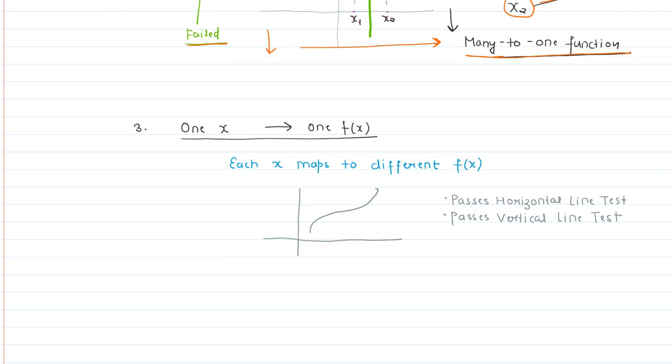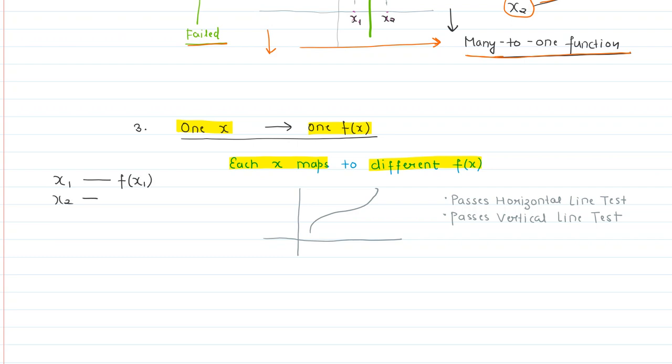And the third situation is when one x leads to one f(x), which means that each x maps to a different f(x), which basically means that for all distinct values of x, there is a distinct f(x).